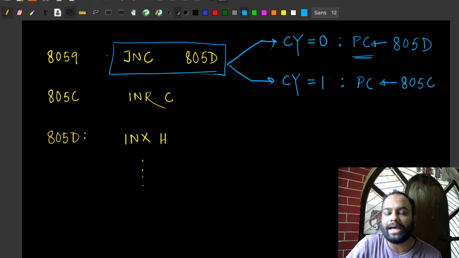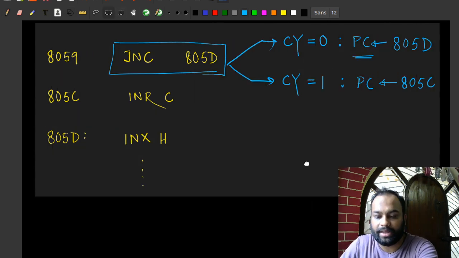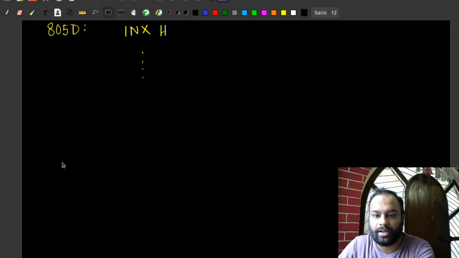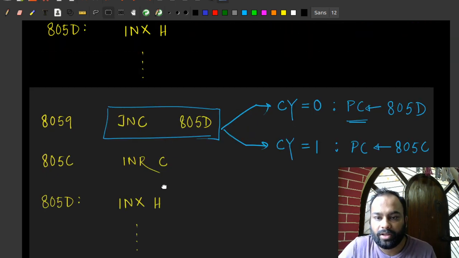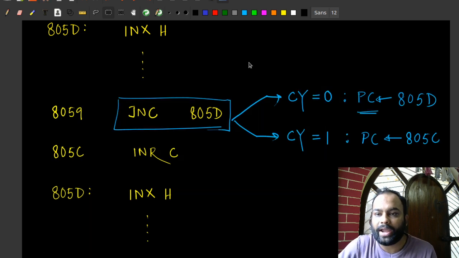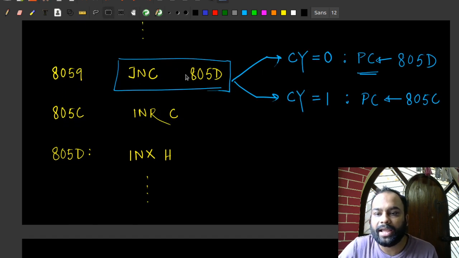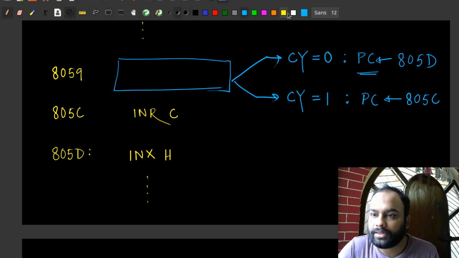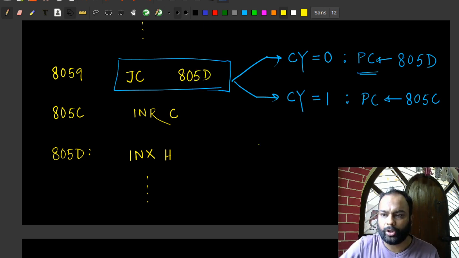Just as a similar example, if I wrote something very similar here, but instead of jump no carry, I said jump carry and checked about this 805D. Again, I'm showing you another example.